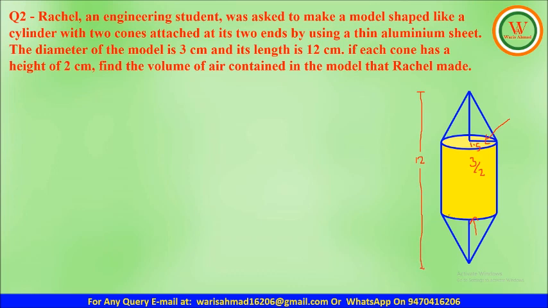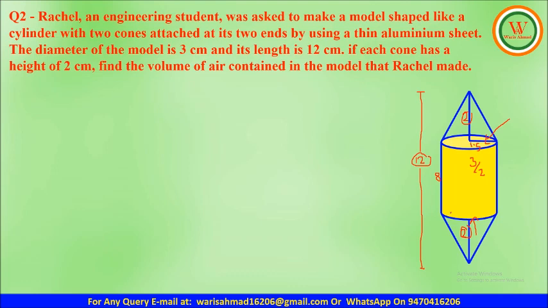Next line of the question, if each cone has a height of 2 centimeter, the height of each cone is given 2 centimeter, means this height of the cone is 2 centimeter, height of this cone is also 2 centimeter. Then the height of this cylindrical part will be equal to 12 minus 2 minus 2. So it will be equal to 8 centimeter. Height of this cylindrical part will be equal to 8 centimeter.